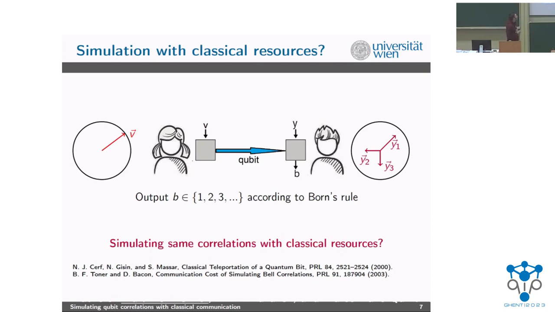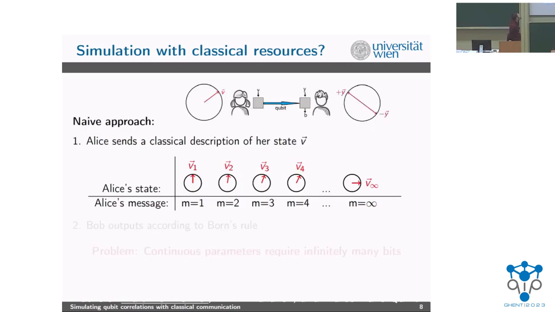So let me first try to argue why this question is actually not trivial. What is a naive approach to this task of simulating quantum correlations? One thing that is always possible: Alice just sends the coordinates, or a classical description, of the state she wants to send to Bob.